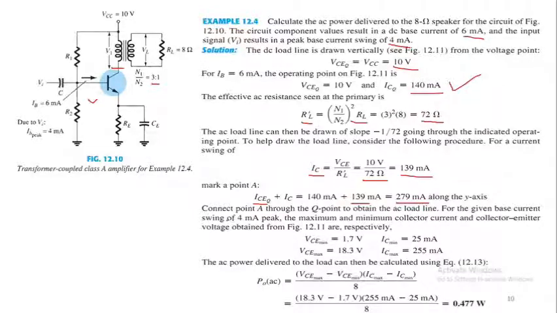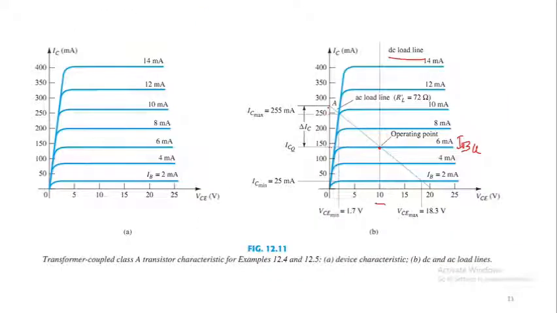For the given base current swing of 4 milliampere peak, the maximum and minimum collector current and collector emitter voltage obtained from figure 12.11 are respectively given by these equation. तो हम पहले AC लोड लाइन ड्रॉ करते हैं. इस पॉइंट से एक स्ट्रेट लाइन ड्रॉ करें जो कि इस Q पॉइंट से पास करे एंड एक्सटेंड इट टू दिस VCE एक्सेस. दिस विल बी योर AC लोड लाइन.